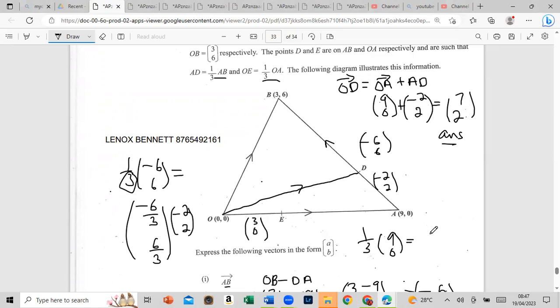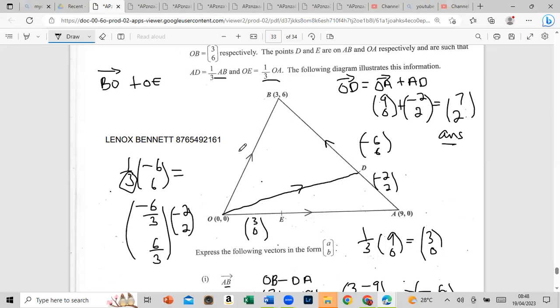While I work that out, guys, I'm going to take this rule. This is probably the easiest rule to go from B to O. So I'm going to go from B to O plus from O to E. Alright, so we're going against the arrow now.